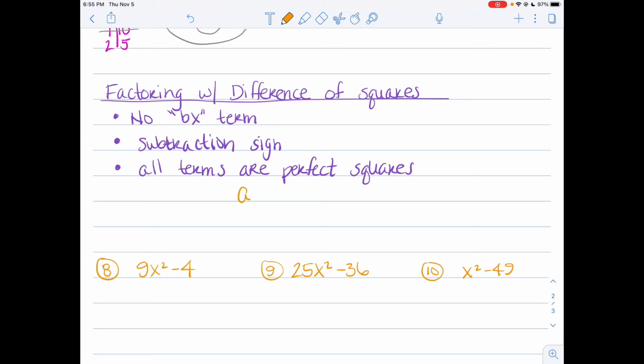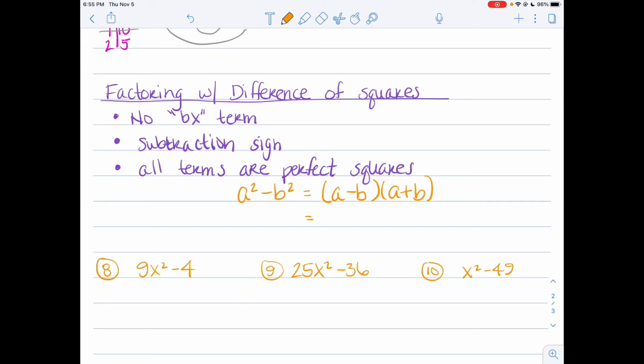The equation is that some value a squared minus the other value b squared is equal to a minus b and a plus b. So as long as you have 2 perfect squares, then you can immediately write your factored form like this. Why does this work?